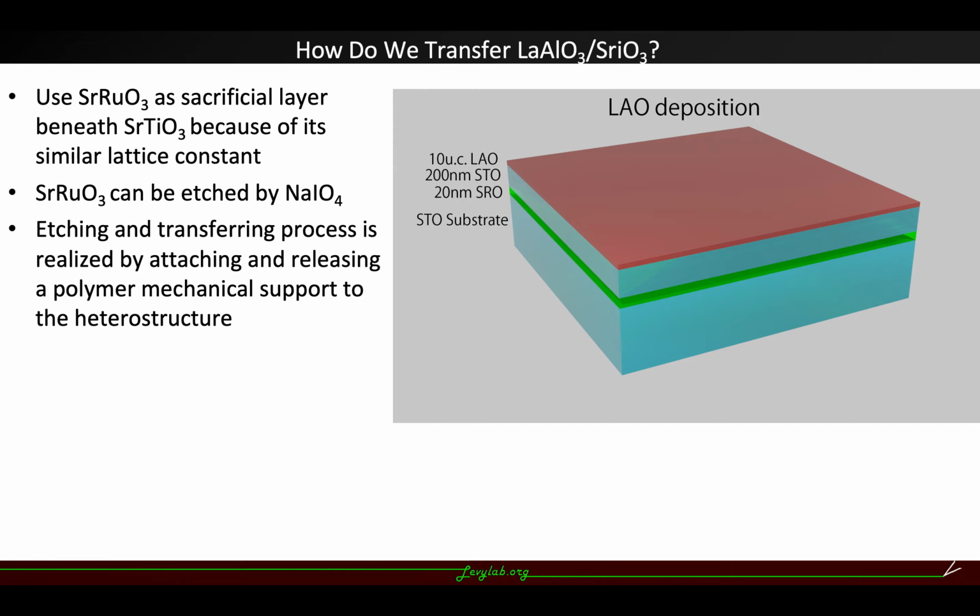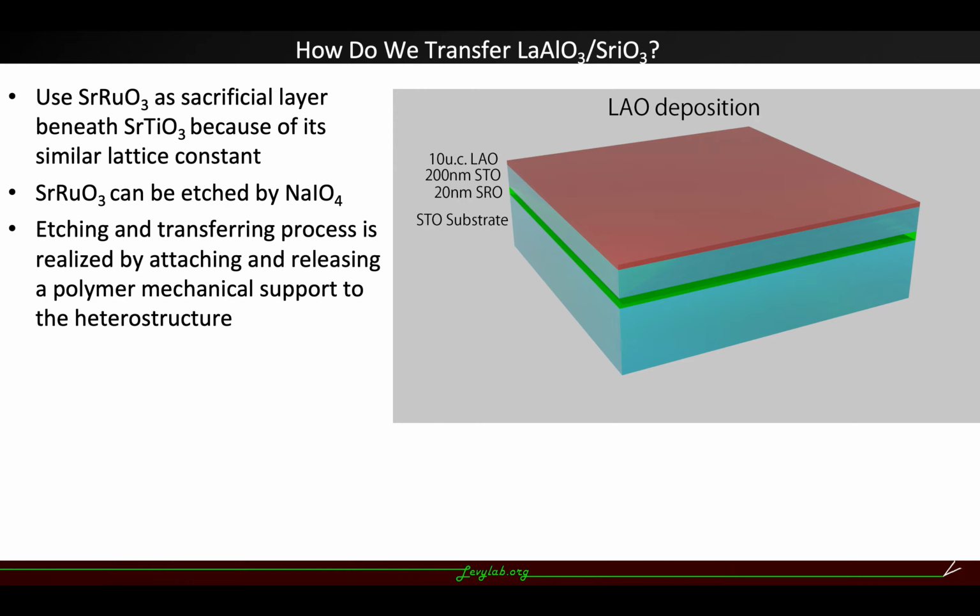And then we transfer this membrane onto a different substrate with PDMS support. In this case, we transferred LaAlO-SrTiO to a sapphire. And this is how this membrane looks under an optical microscope. You can see that we can achieve millimeter-size freestanding LaSTO transfer.